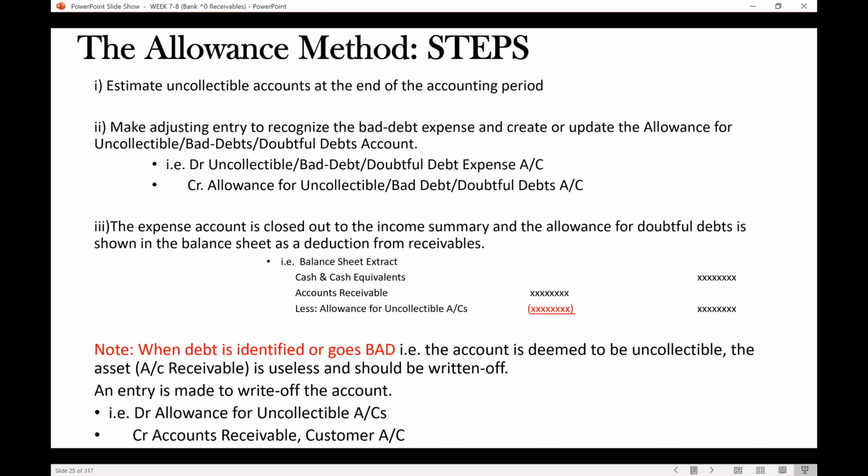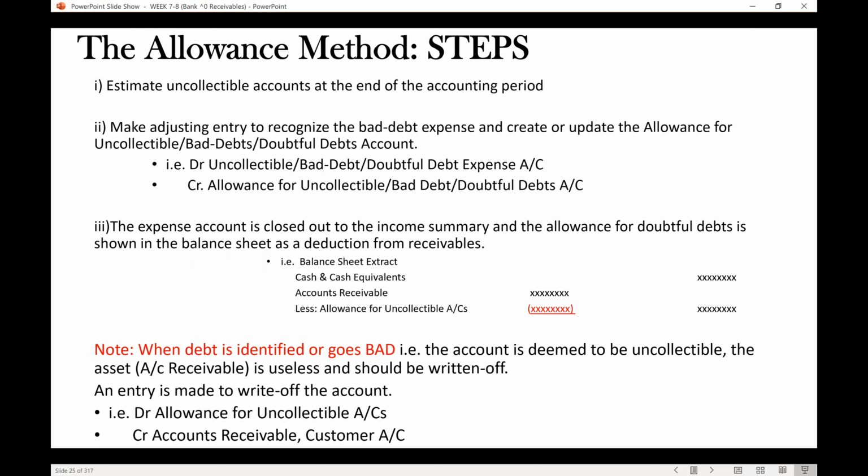So let's recap what the allowance method includes. One, we have to do an estimate, right? We have to estimate the uncollectible accounts at the end of the accounting period. Then we make the adjusting journal entry: one, to recognize the bad debt expense, and two, either to create or update the allowance account.